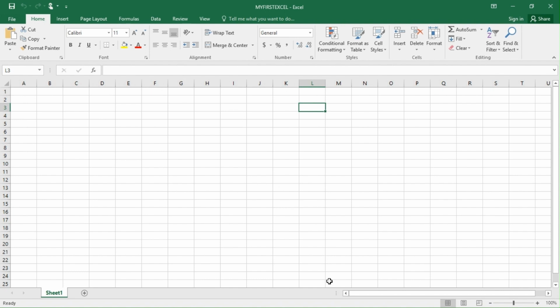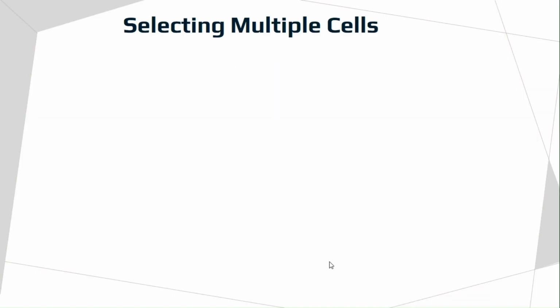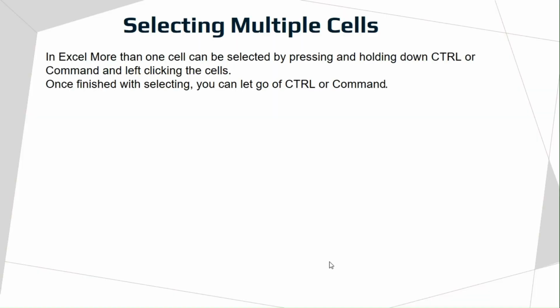Let's look at the next one, selecting multiple cells. In Excel, more than one cell can be selected by pressing and holding down the Control or Command key and left-clicking the cells. Once finished with selecting, you can let go of the Control or Command.